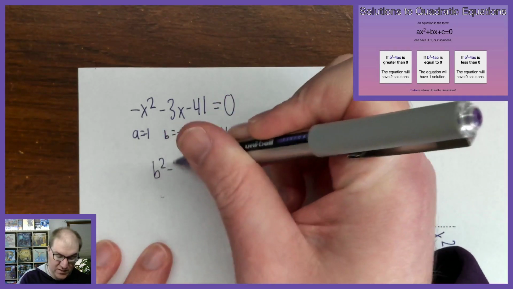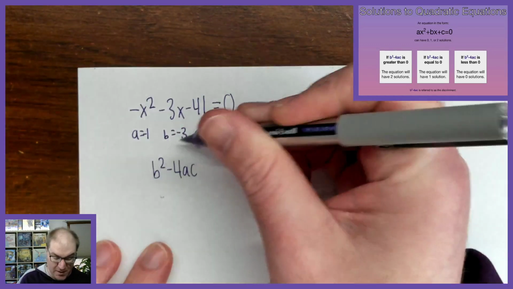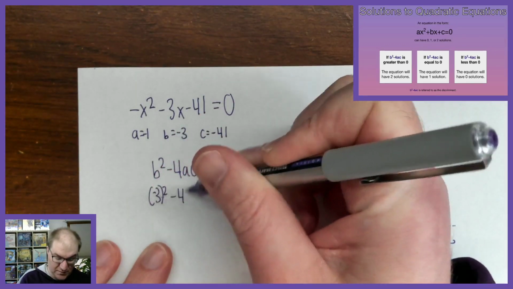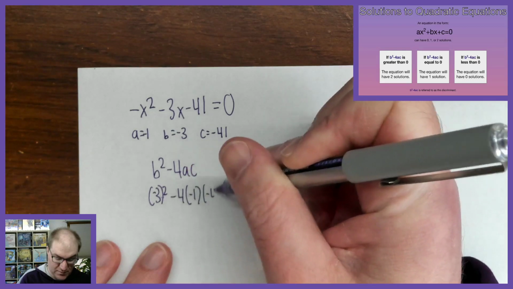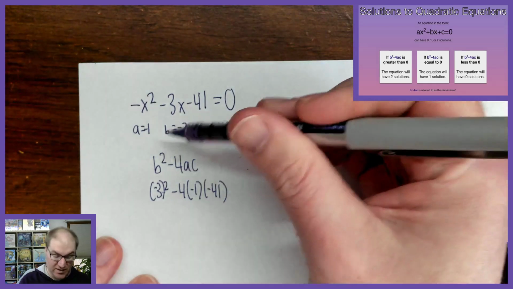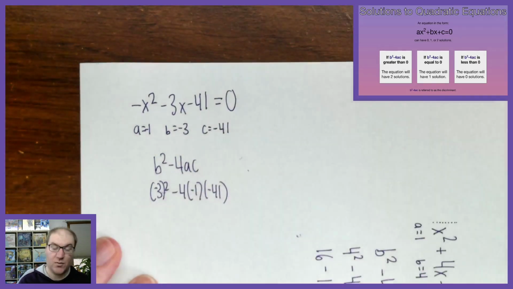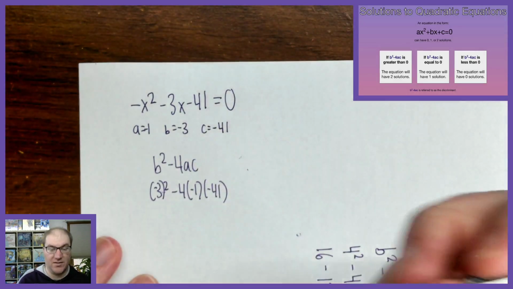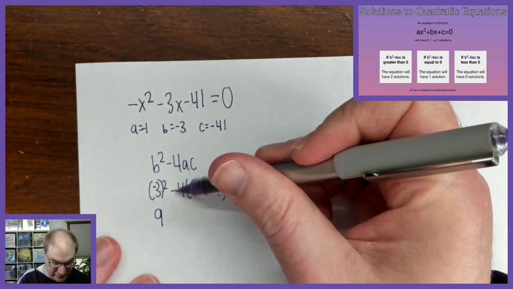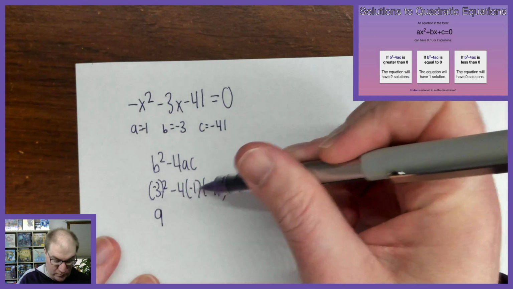So b squared minus 4ac. Negative 3, gotta be careful here. Negative 3 squared is positive 9, right? If it's telling me to square b, and I square a negative 3, that's negative 3 times negative 3. That's positive 9. But in the end here, look, we have 3 negatives: negative 4, negative 1, negative 41.